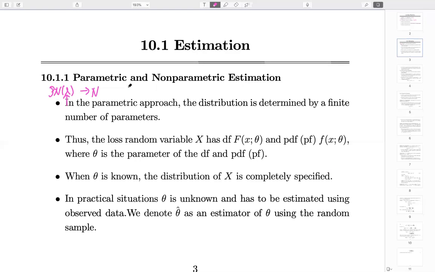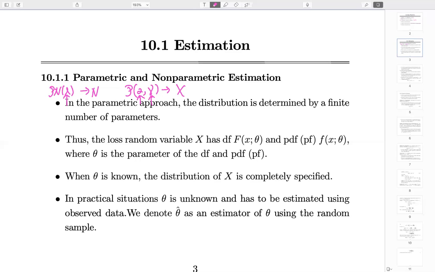Similarly, for instance, we apply the Pareto distribution to model claim severity. This is also a parametric distribution. It has 2 parameters, alpha and gamma, right? Once you know alpha and beta, there's a unique Pareto distribution. So those are obviously parametric distributions.